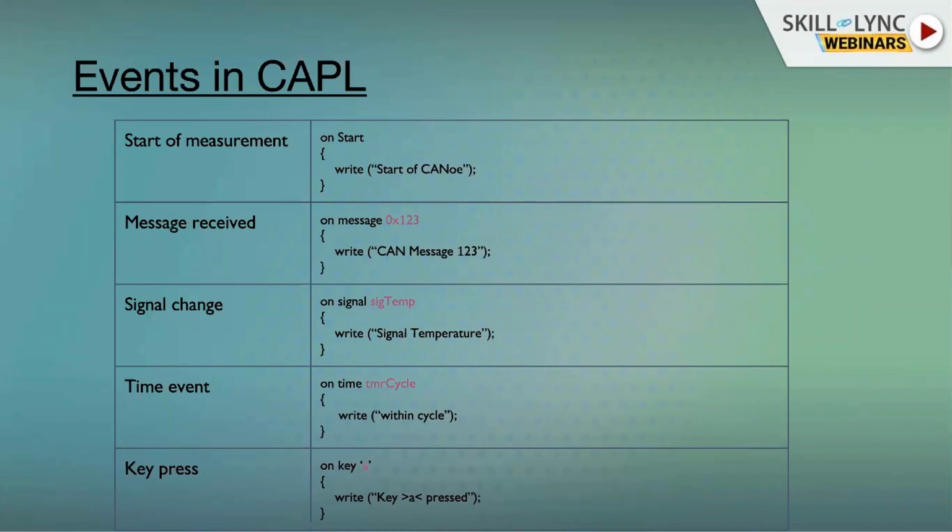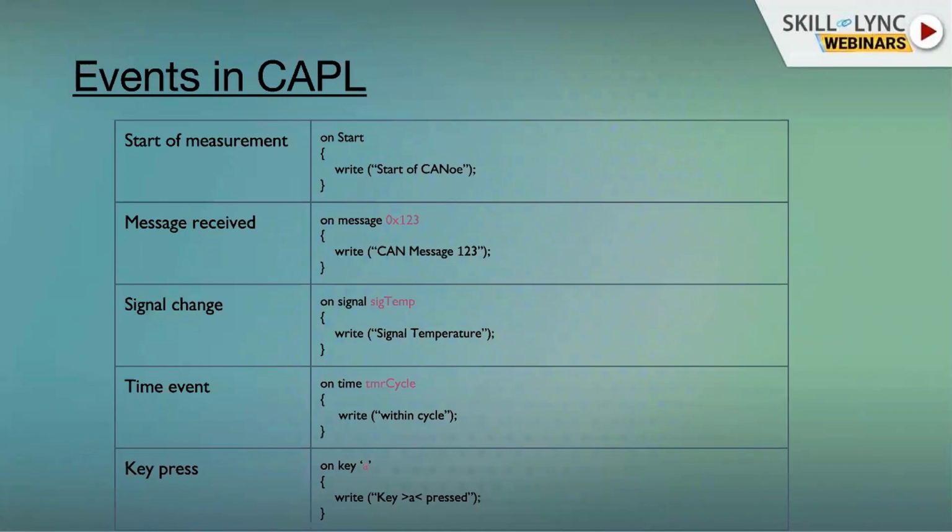On start, I'm going to write "start of CANalyzer". Once you declare this, it will write "start of CANalyzer" in the Write window. Whatever you write with write is nothing but the printf function in C programming. As I said, we have nearly 5 events. For example, message received: on message 0x123, which means whenever this message ID comes into the network.